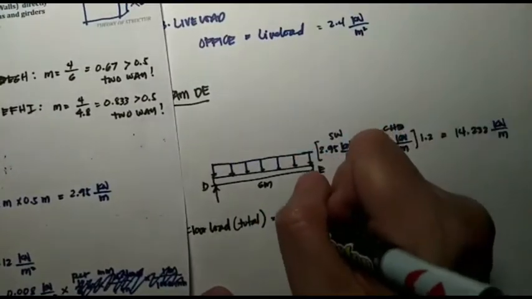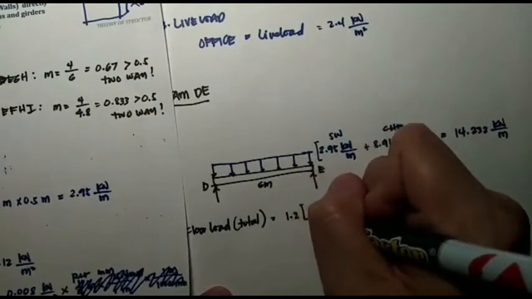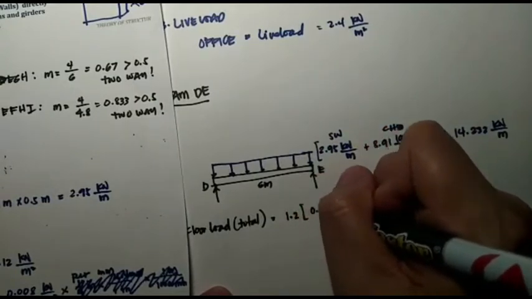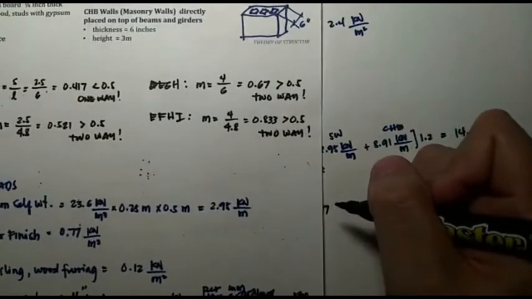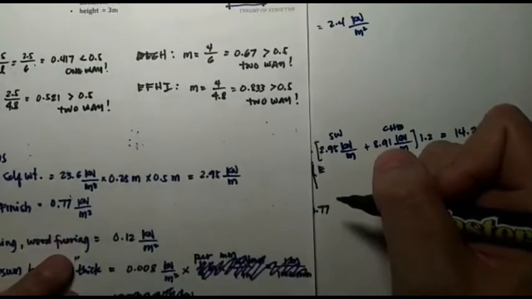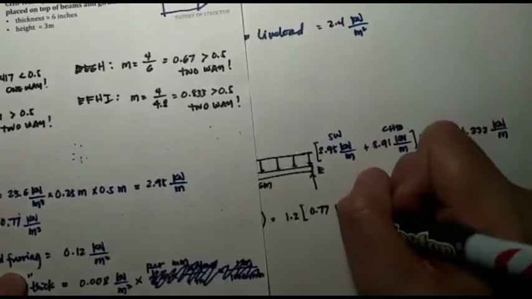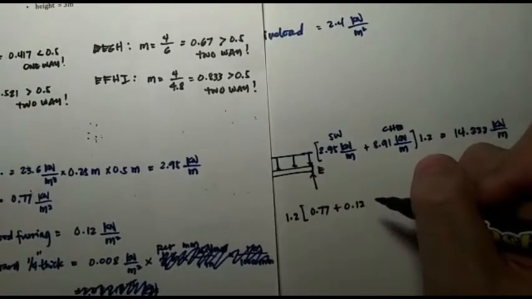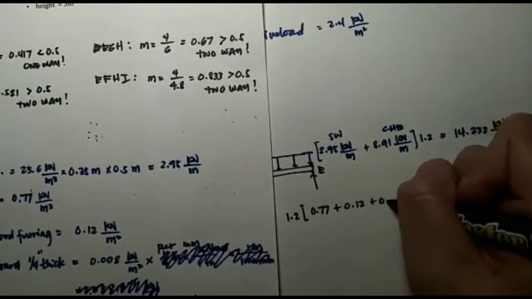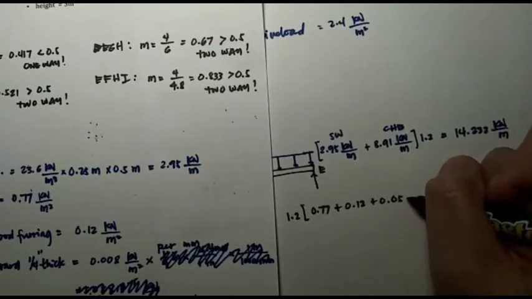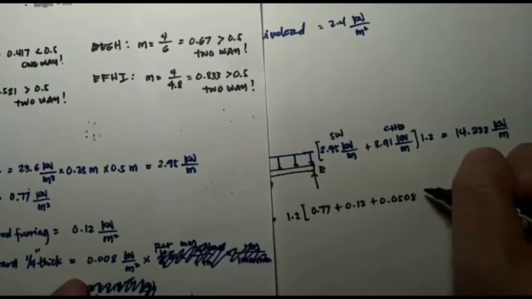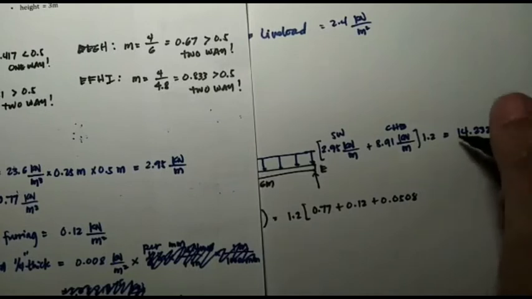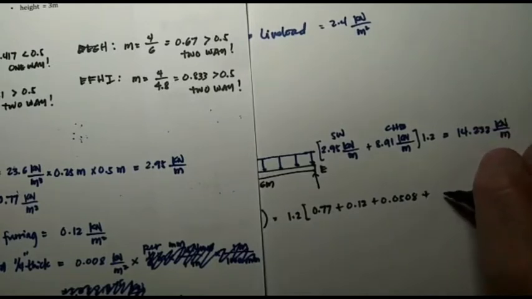Ang mga dead load, 1.2 times the floor finish is 0.77. Tapos ceiling 0.12. Tapos yung gypsum board, ito 0.05. Tapos basic at saka partition 0.38.